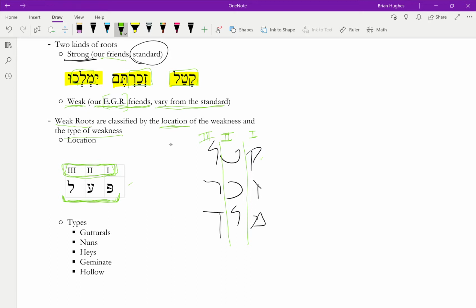For example, in this chapter we're going to learn guttural weaknesses, that's when you have a guttural in the first root position. Another way to classify that is to say the pe guttural, so it's in the pe position. Similarly, we're going to learn two root weaknesses, those in the second position, which other systems would call, say, the ayin guttural, and then the lamed aleph, as we learn in this chapter, the third aleph.